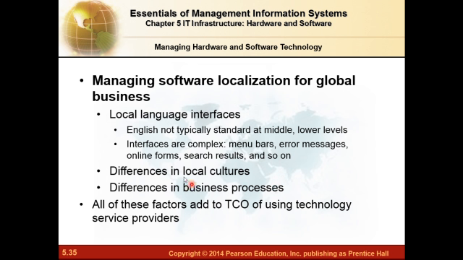So it must be in the local language of the country you want to go to. Then there are differences in local cultures, so you have to take note of this, and also differences in business processes, the way they work. So you need to embrace all these differences. Actually, all of these factors add to the total cost of ownership of using technology service providers, because of course you need to invest in other things to make sure the software localization for global business can be achieved.